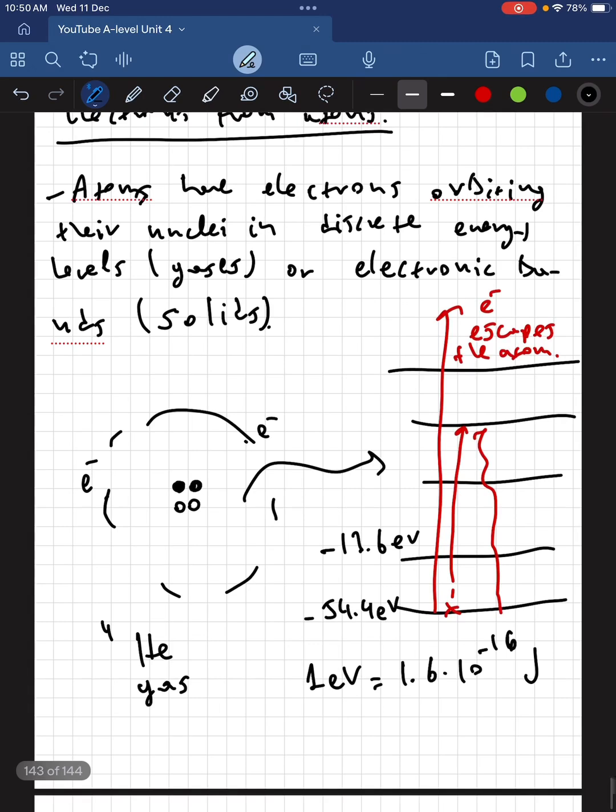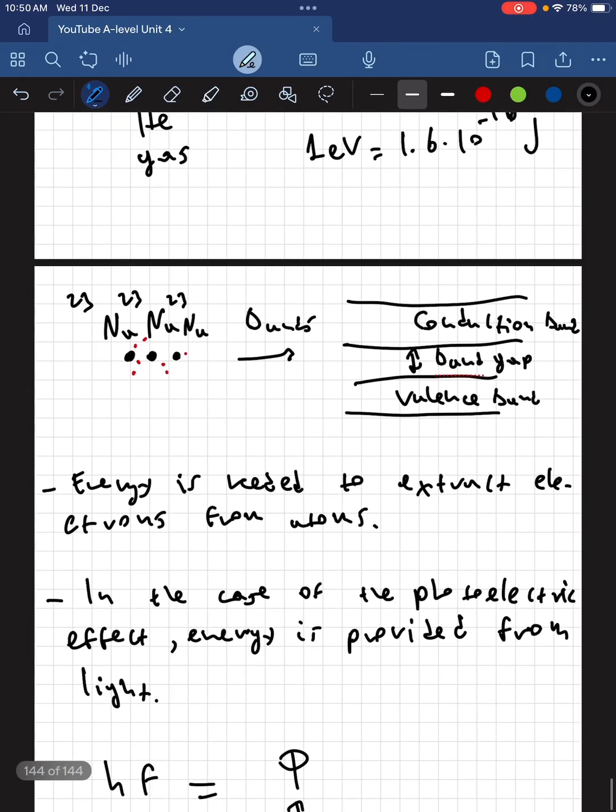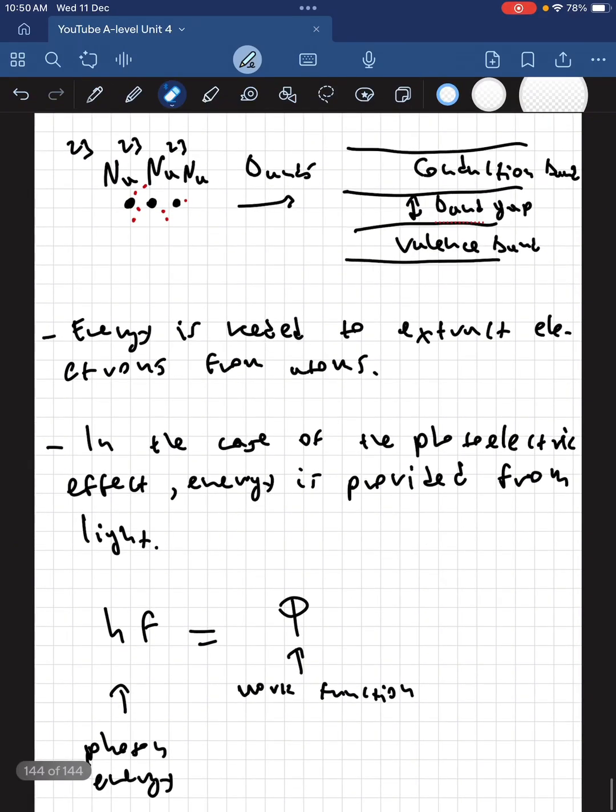So don't confuse it with this picture here of the discrete energy levels. This only applies to atoms. I mean, this picture over here. Sorry, to gases. Whereas this picture is what applies to the photoelectric effect, okay?